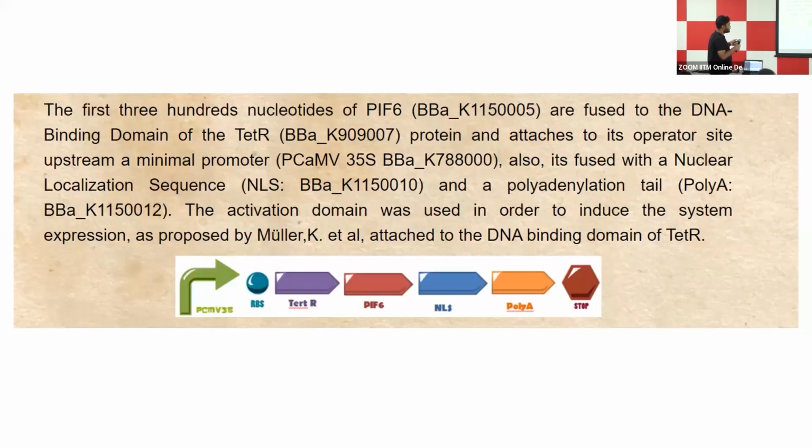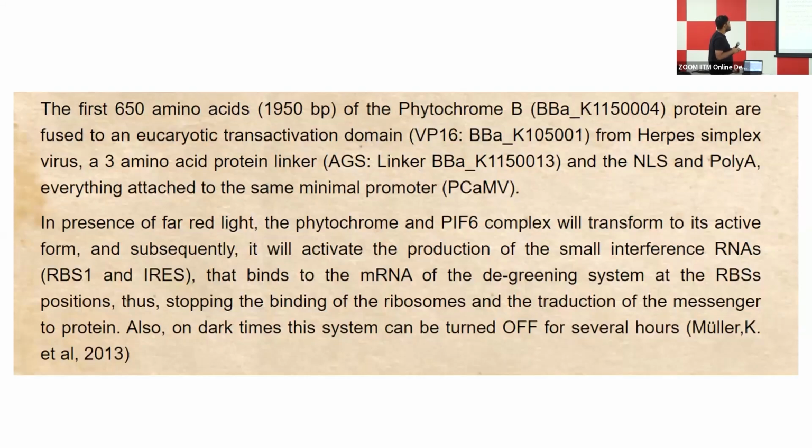So this is basically the details about how the entire device works. In the presence of far red light, the phytochrome and the EIF6 complex will transform to its active form, and subsequently it will activate the production of small interfering RNAs.